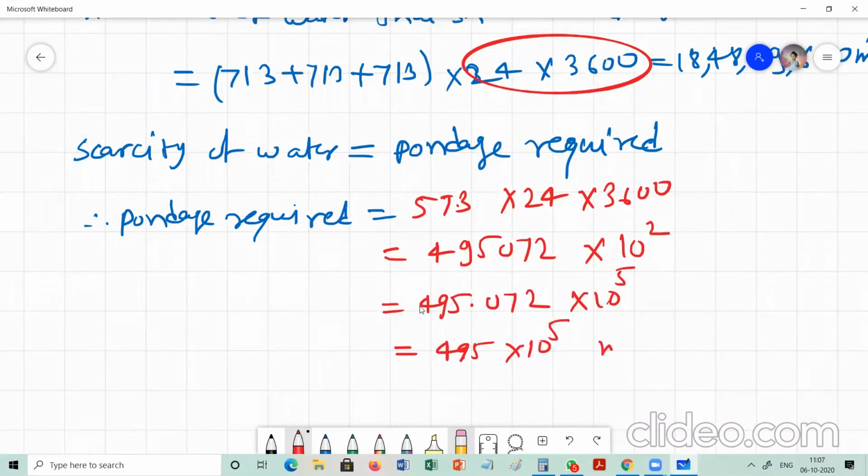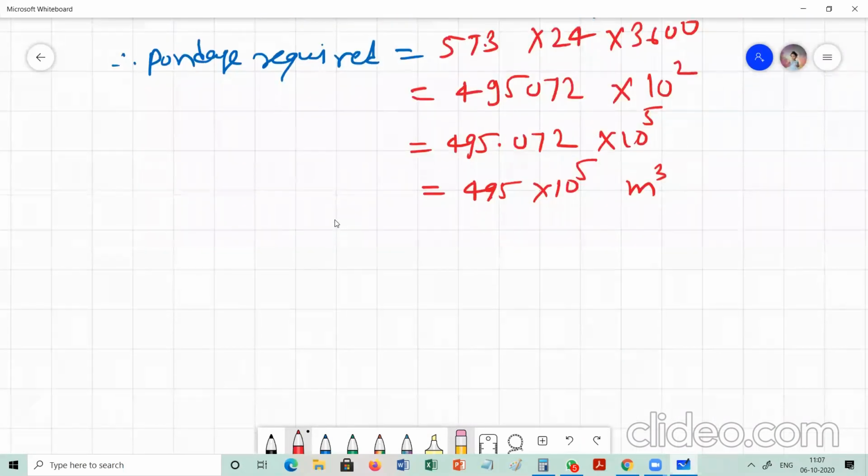In the paper book it is given like that, so I have shown how they have converted it. This is the pondage required: the difference between the average requirement of water and the actual water available.